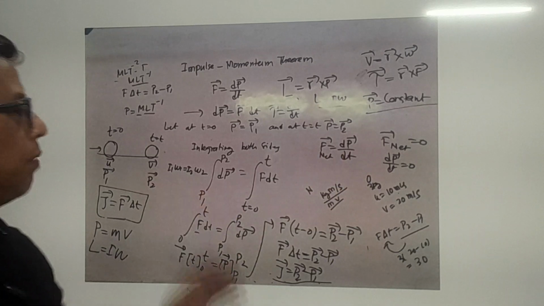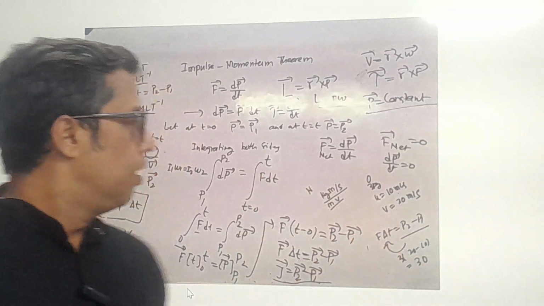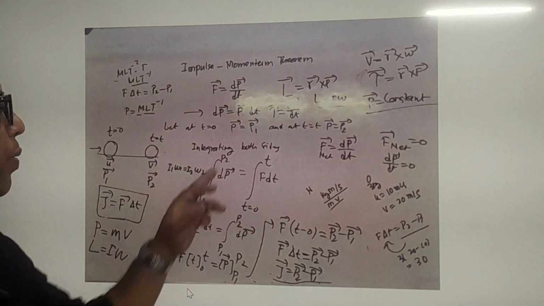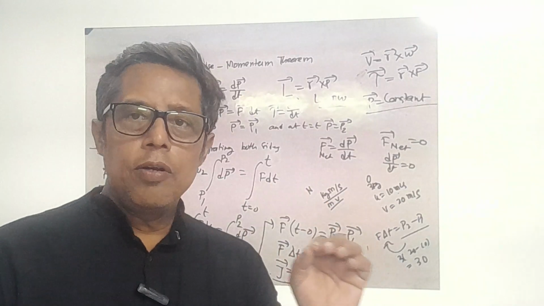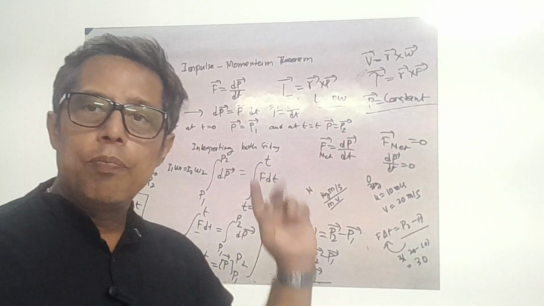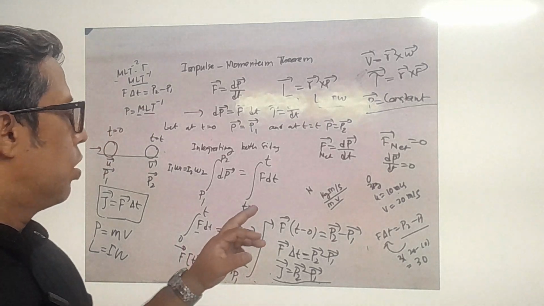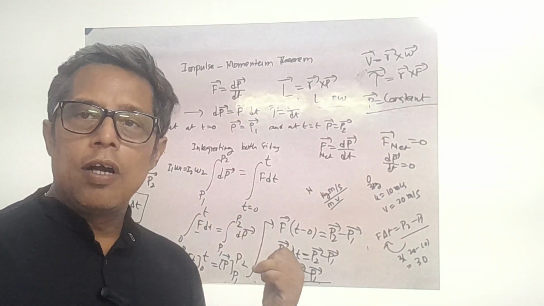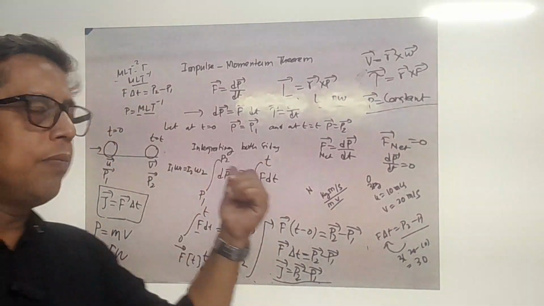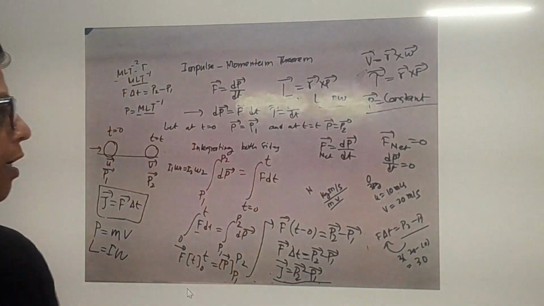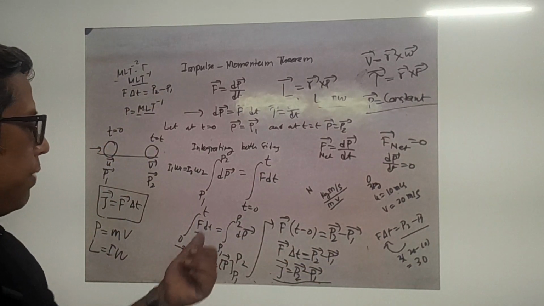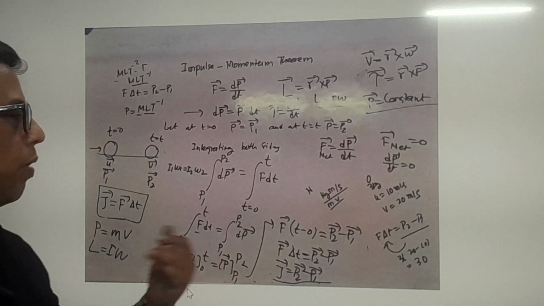Now we go for integration. dp means small change in momentum, with the range p1 to p2. Whenever you apply the force, the momentum changes from initial p1 to p2. When the momentum was p1, the initial time was t equal to 0, and when momentum is p2, the time is t. If we integrate both sides, we get F into t is equal to p2 minus p1.